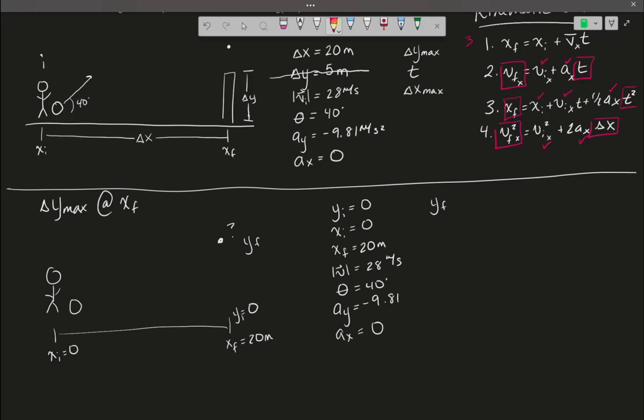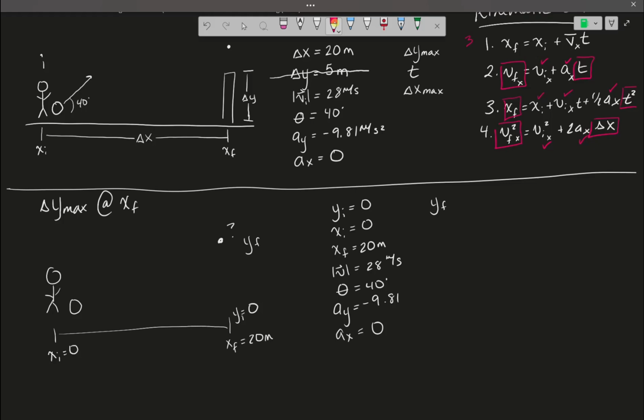It is going to be impossible for me to determine what my final velocity is at that position unless I know how high this object is or how long it takes to get there. That means that only looking at the y direction, I cannot solve this problem. I have to consider the y direction and the x direction together.